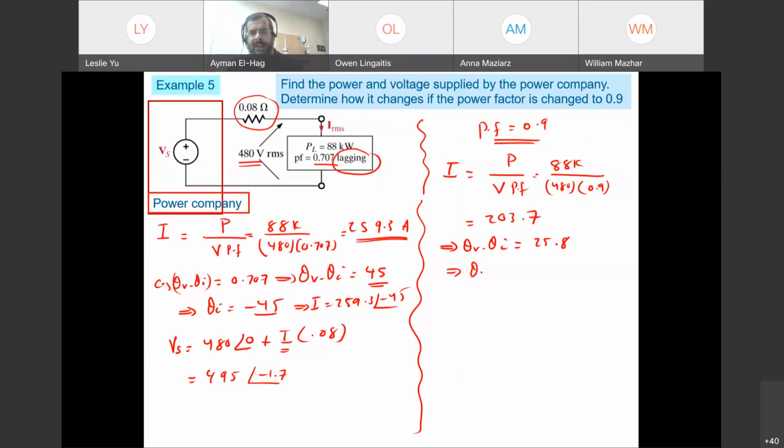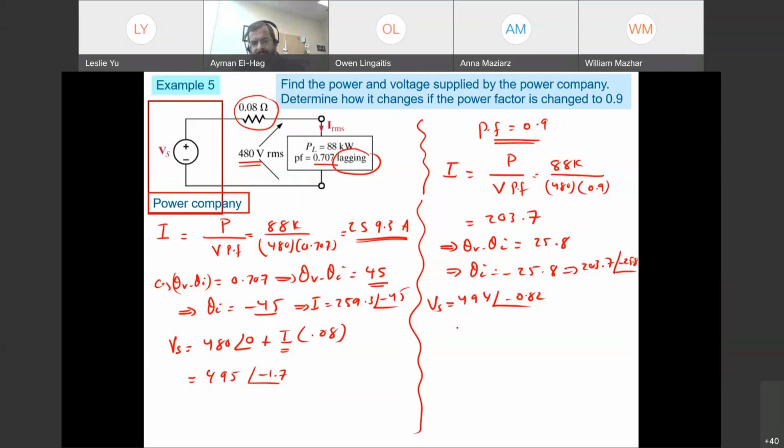So your theta I is equal to minus 25.8, and hence the current I is 203.7 angle of minus 25.8. Okay, so your voltage Vs, with exactly the same formula, is equal to 494 angle of minus 0.82. So let's now examine what is happening here.